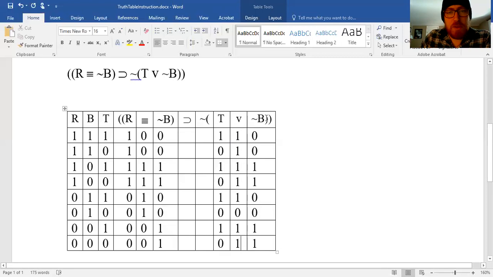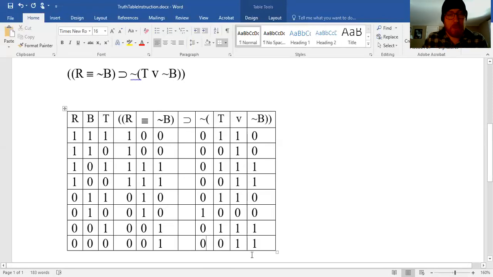Well, this whole thing is represented by the wedge. There's only one line where the wedge is false, so there's only one line where the tilde is true. On every other line, this tilde is going to be false. So for the wedge, we've got true, true, true, true, true, false, true, true. With the tilde, we're going to have false, false, false, false, false, true, false, false.